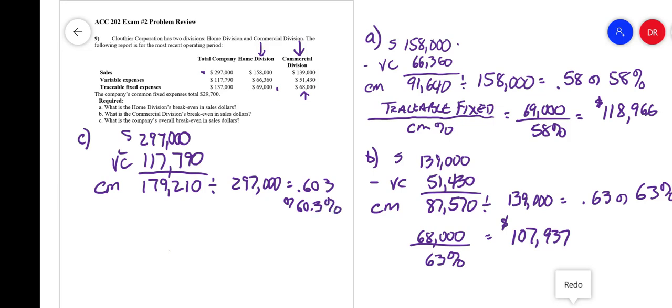Okay, now with the overall, we're going to do something a little different because we're going to include both the traceable fixed and common fixed expenses. So the formula will be 137 plus 29.7 and divide all of that by 60.3%.